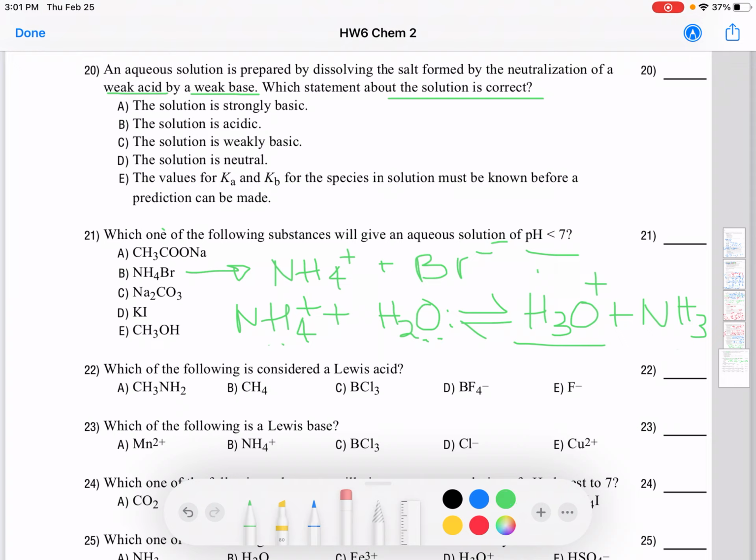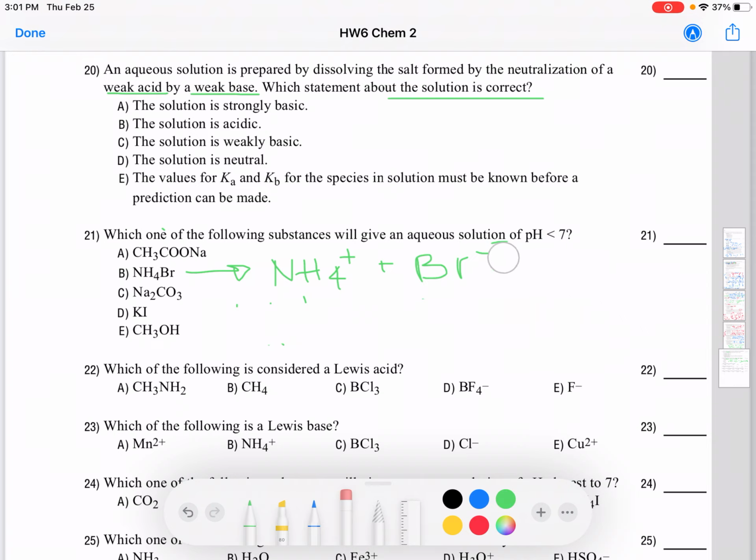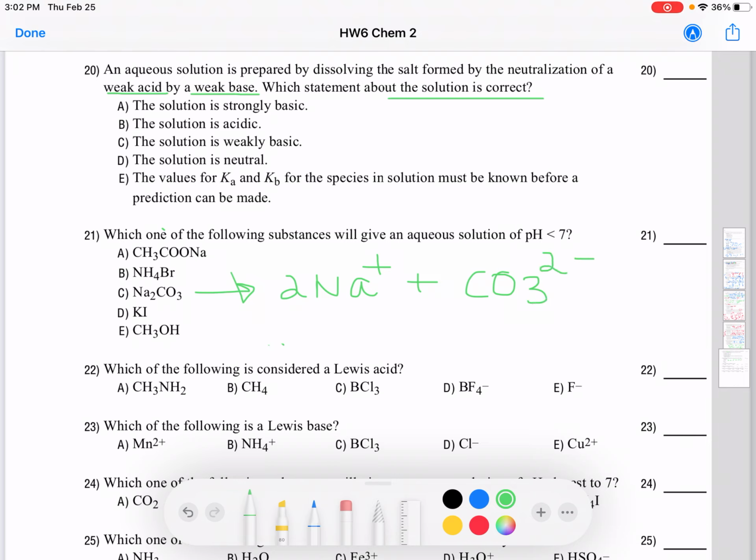Sodium carbonate. Try to do this yourself and try to understand what's happening here. Sodium carbonate gives you 2 sodium ions plus a carbonate ion. Sodium ion, again, is a cation from a strong base, sodium hydroxide, and is not going to react with water. Carbonate is the anion of the weak acid HCO3 minus.